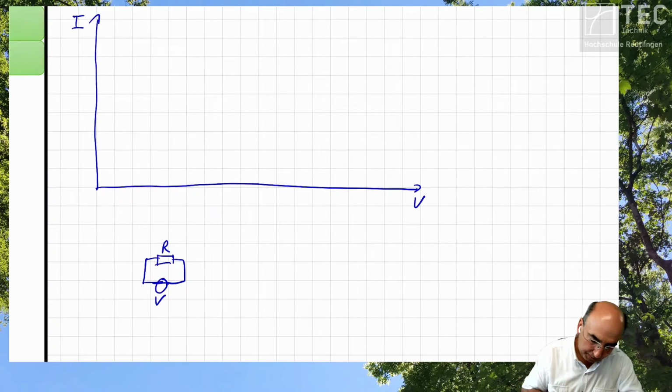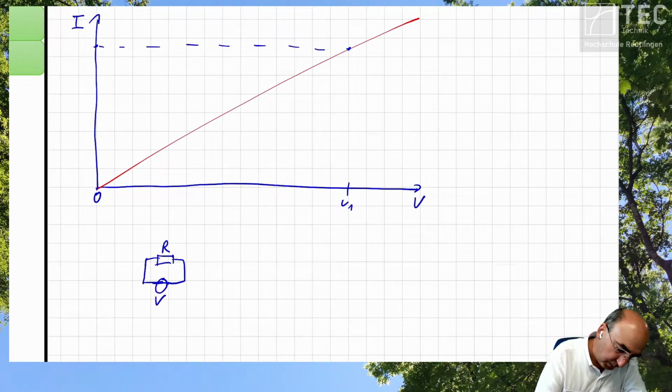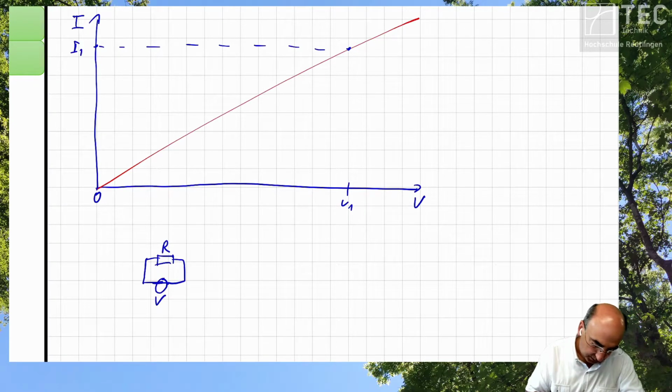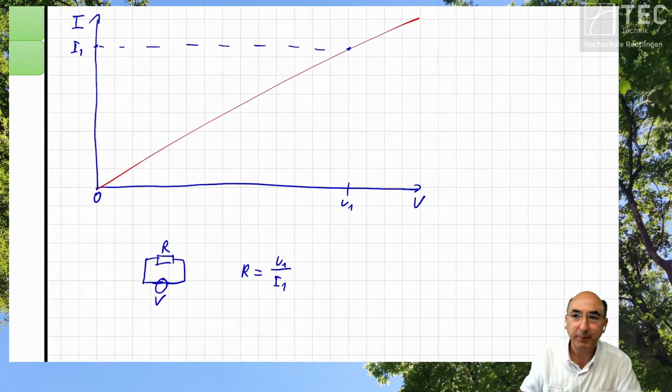Then we have, if we have here 0 and we have a V1, then we have I1, and R is V1 divided by I1. Boring, sure.